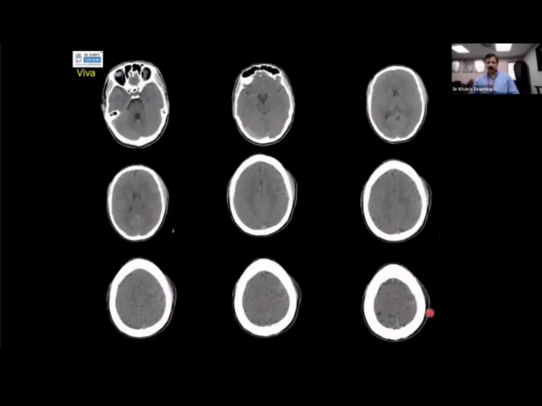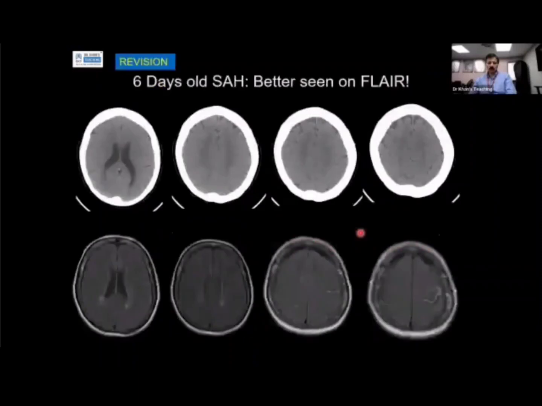But beware of a case in which you see it only on the final slice. Key point is that there is something happening, and on the right side, there is normal CSF. Again here, and again here. Look at this. It is all filled up. There is CSF here. So this subarachnoid hemorrhage might be 1 or 2 days old. It's not very hyperdense.